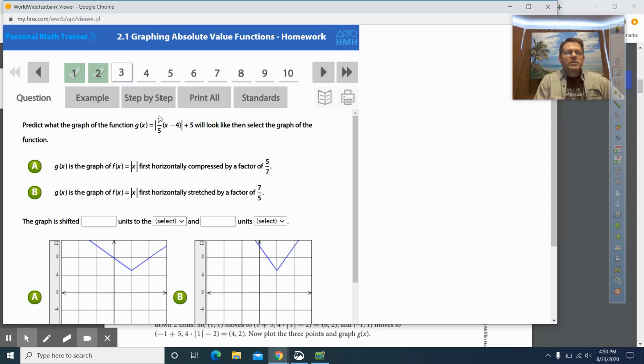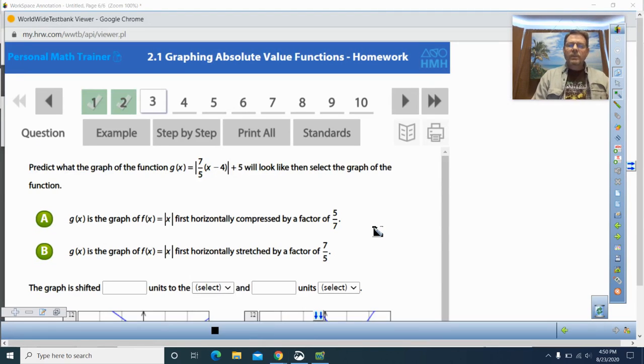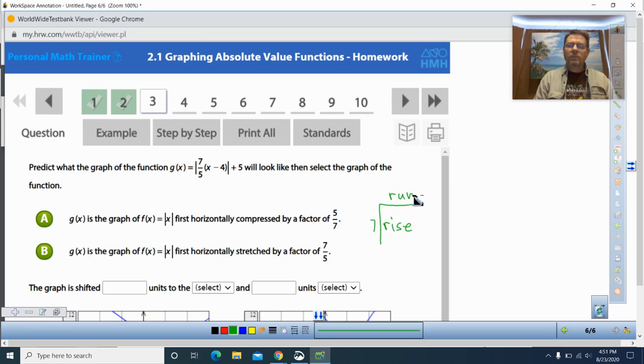So since 7/5 is inside, let's just pretend for a moment that it was outside, you'd be going up 7/5, right? You'd be rising 7 and running 5. Now, is that rising more or running more? It's rising more.